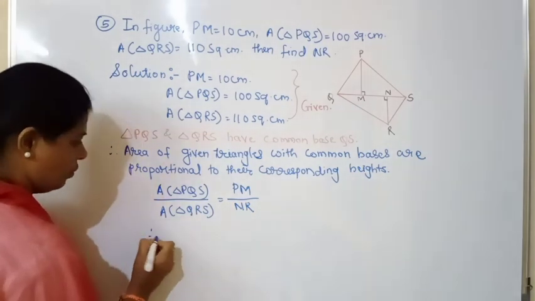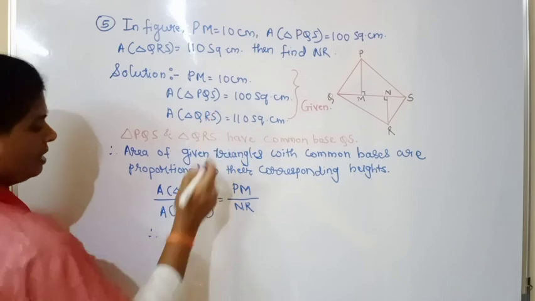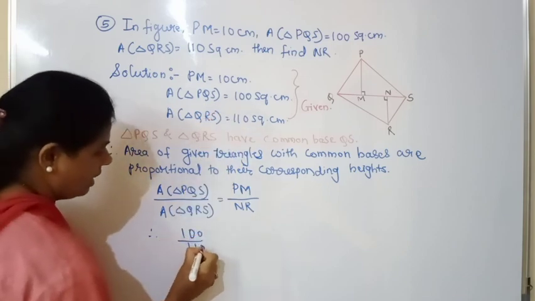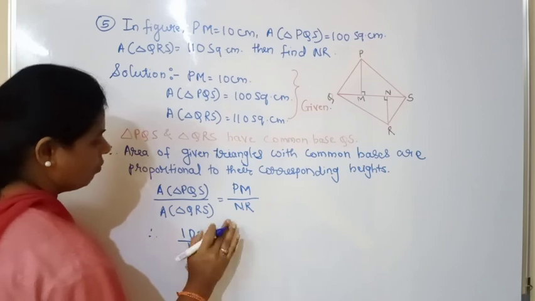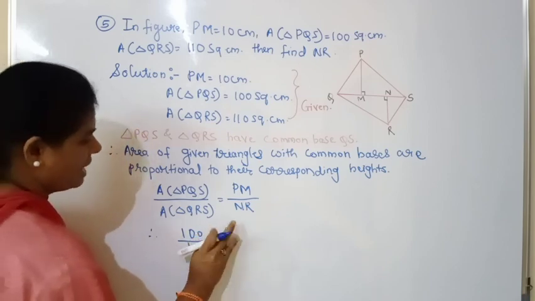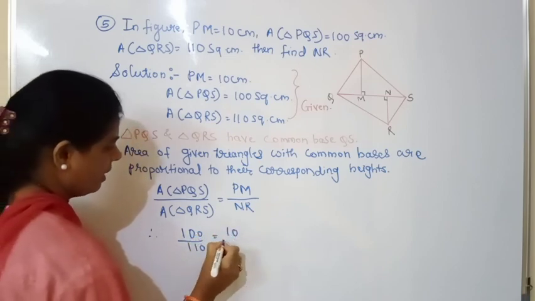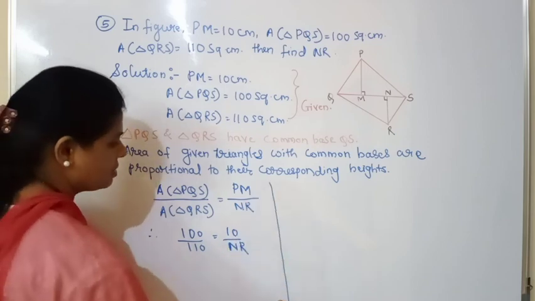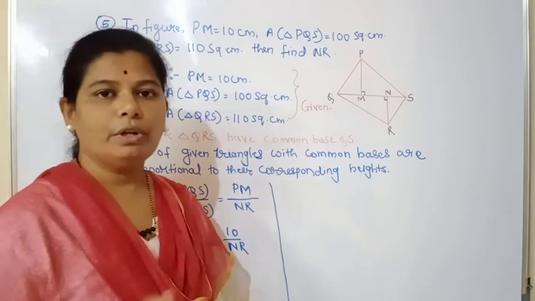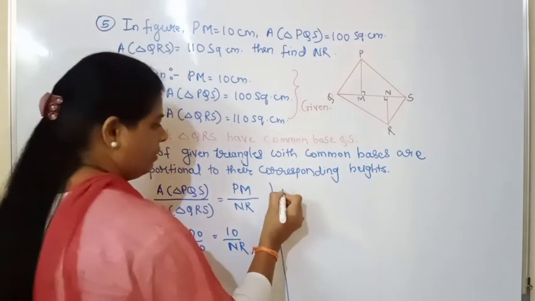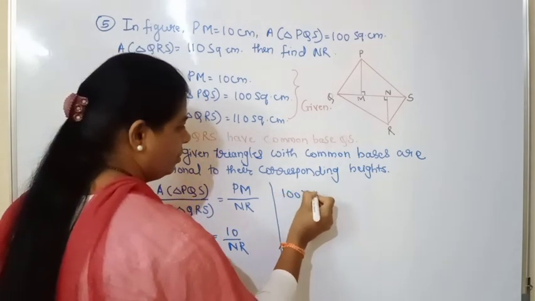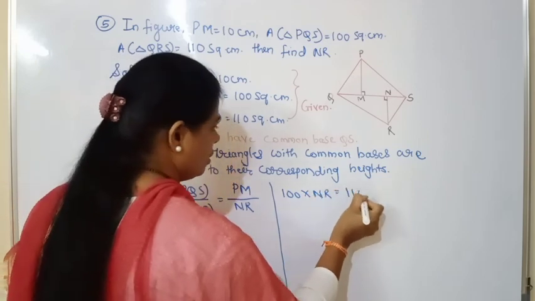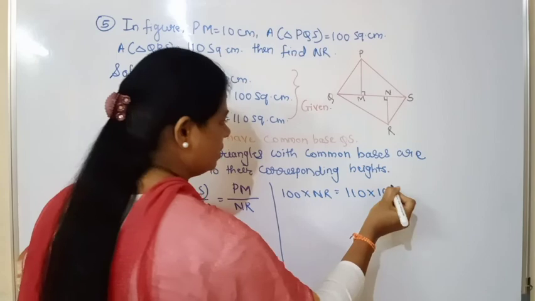Area of PQS is 100 upon 110 is equal to PM, which is given as 10, upon NR. Now we will cross multiply, so that will be 100 into NR is equal to 110 into 10.